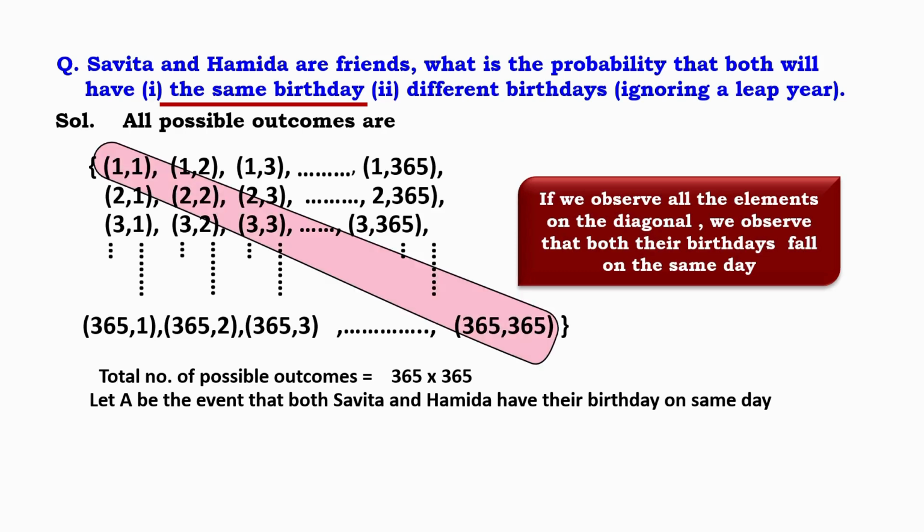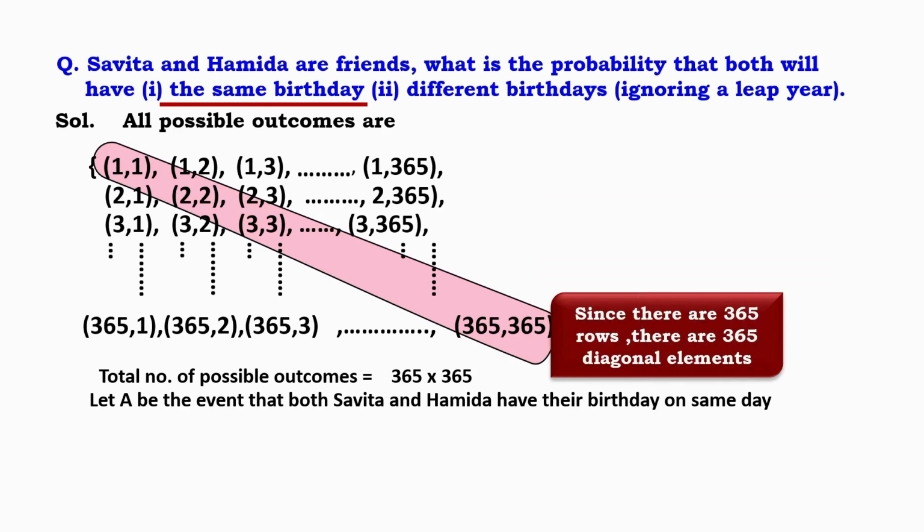So 1 1, 2 2, 3 3, and so on till 365, which is the last day of the year. So just the diagonal ones have both birthdays on the same day.